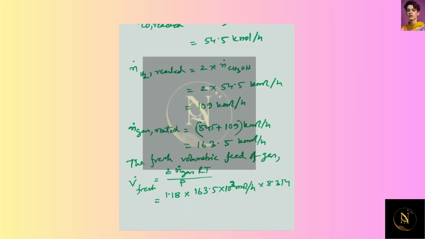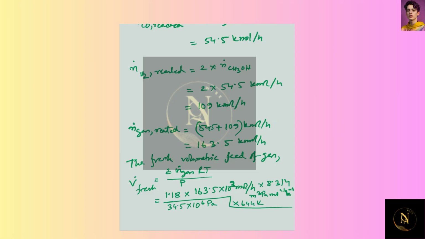The gas constant is 8.314 meter cube Pascal mole inverse Kelvin inverse. Temperature is 644 Kelvin, and the pressure is 34.5 megapascal.